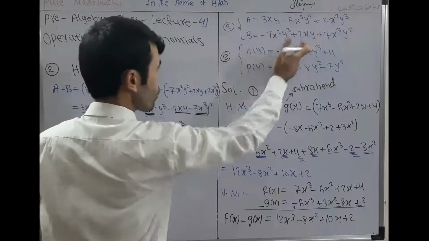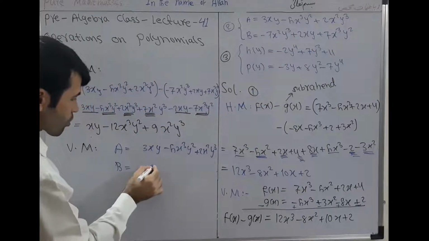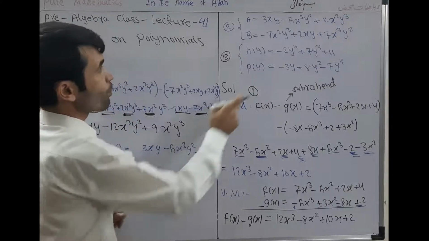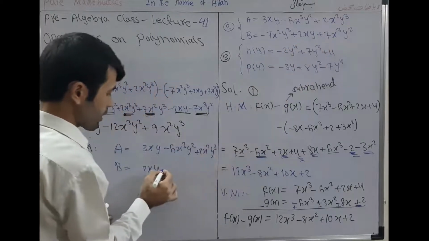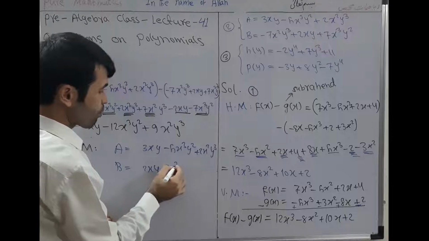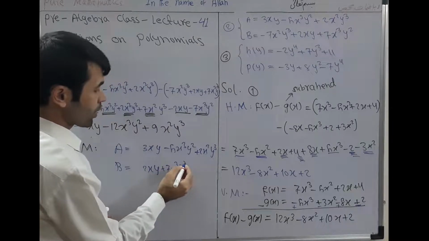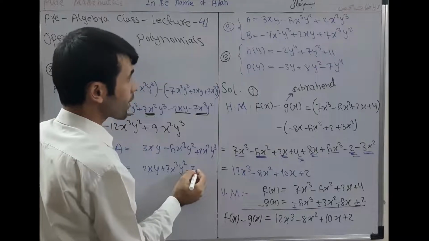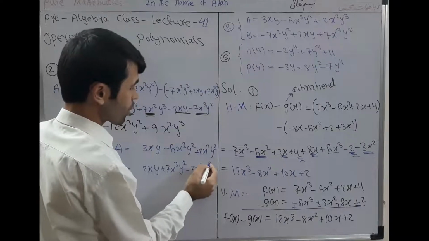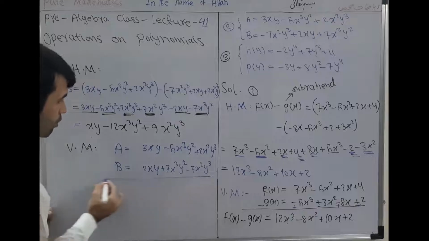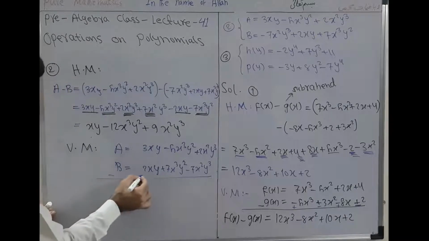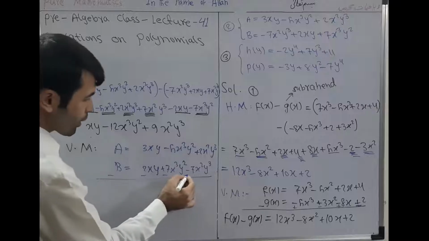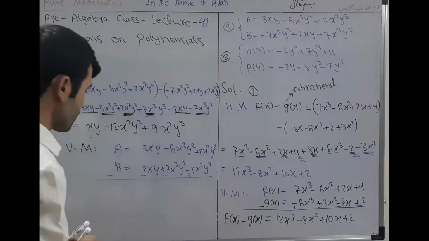Here we have to write 2xy. After that we have minus 7x cubed y squared. After that we have 7x squared y cubed. Now we want to subtract these two polynomials.